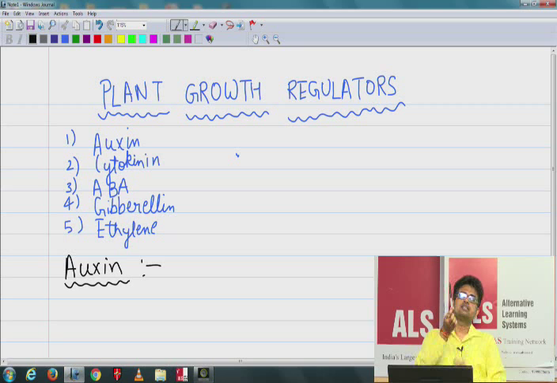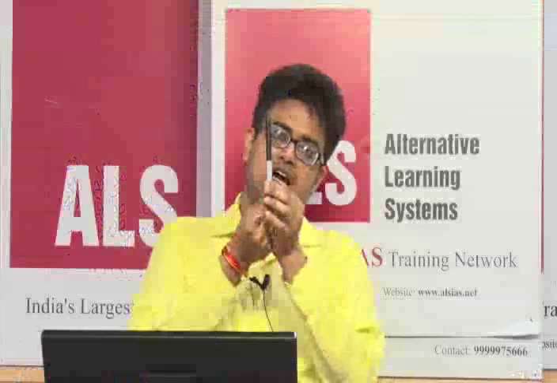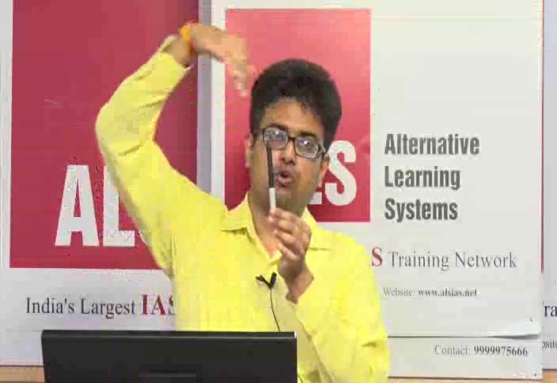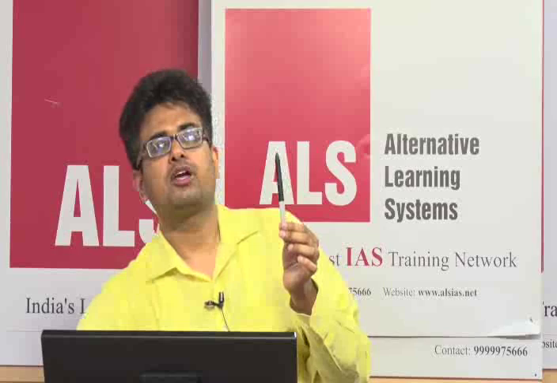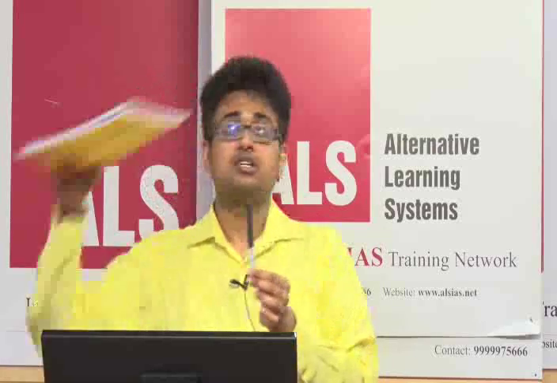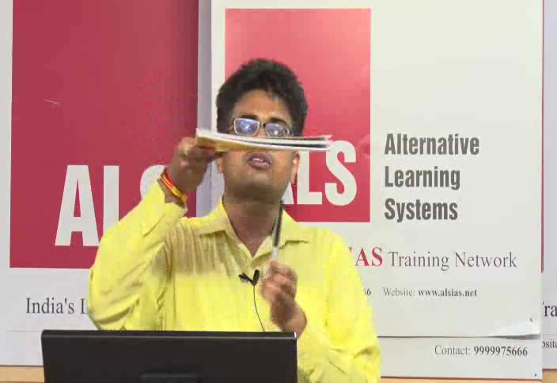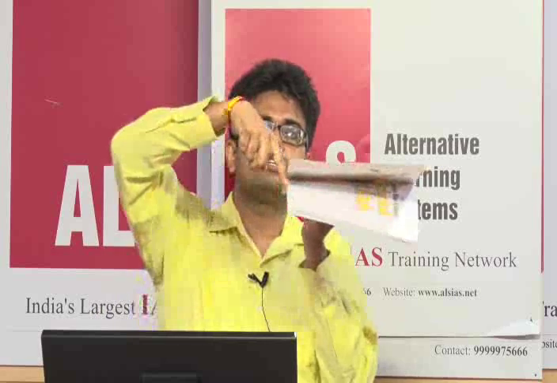Suppose this is a shoot axis and I am putting it in a cardboard box. Suppose light is coming from one side only.